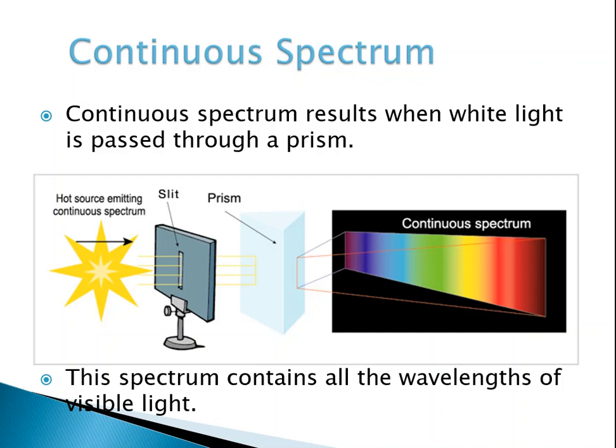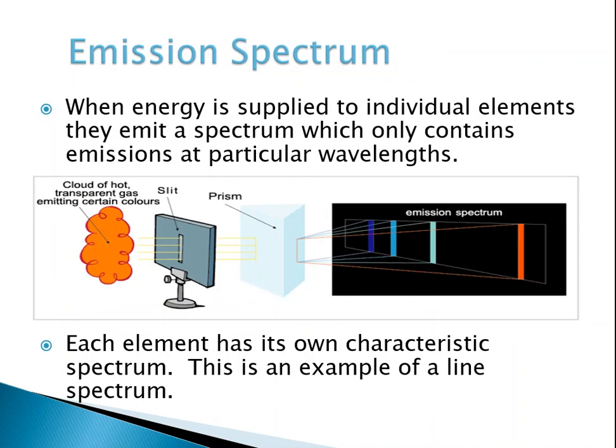if we have a different source of light, we can get a different type of spectrum. An emission spectrum is the spectrum that is produced when individual elements are irradiated. We add energy to individual elements. That causes those elements to emit light. When we look at that light source and pass it through a prism, we do not get a continuous spectrum. What we get is the emission spectrum, which looks like this.